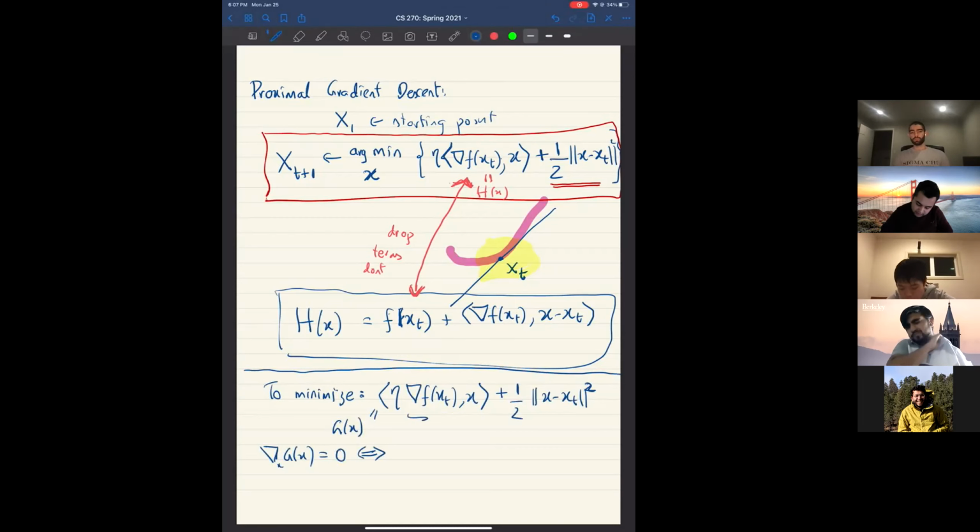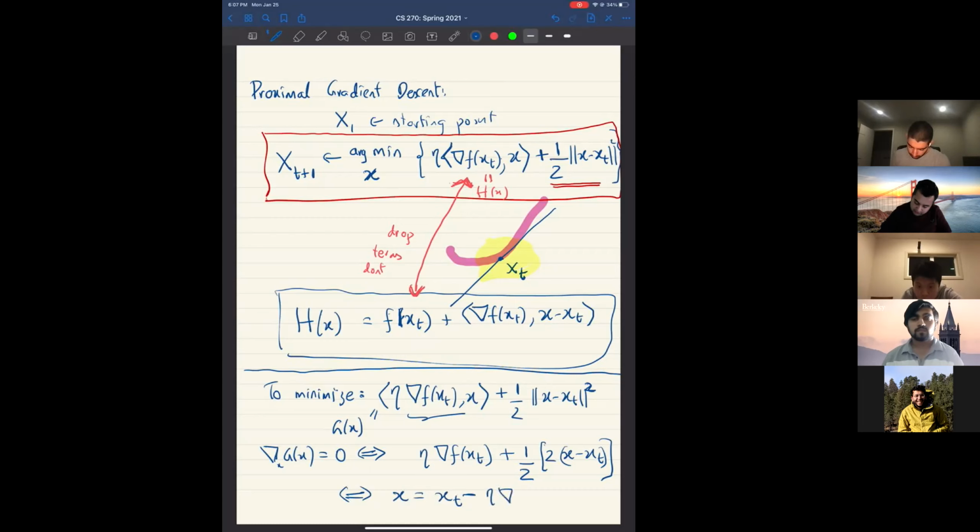There's the linear term that just gives you eta gradient f of xt, and then the quadratic term gives you, let me write it this way, half 2 times x minus xt. I'm just differentiating g of x with respect to x. And you can see that this is the same as saying my x is actually xt minus eta times the gradient of f of xt.